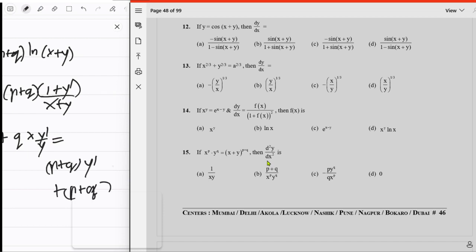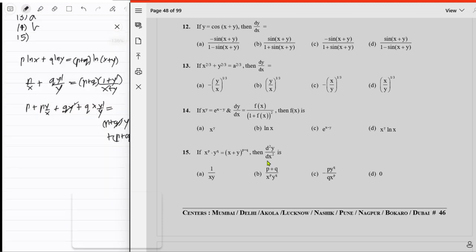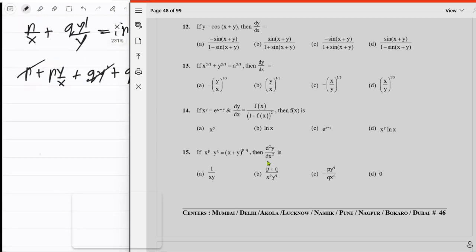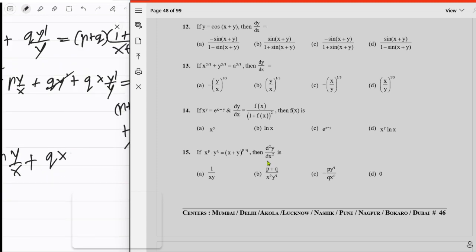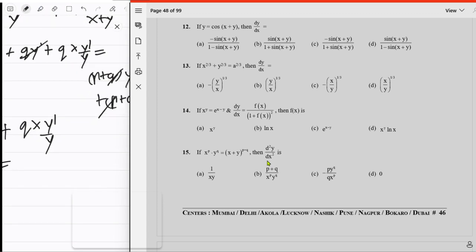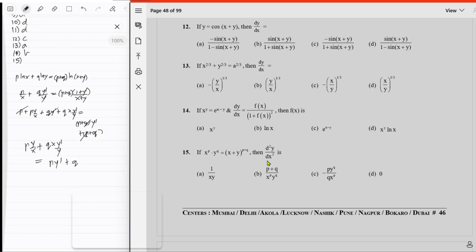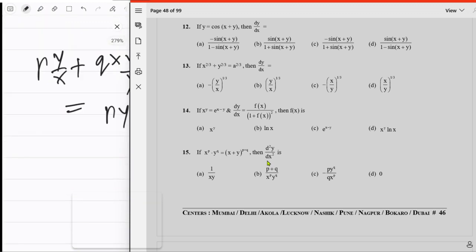Trying to simplify some stuff. So qy dash, that cancels. Okay, this cancels. It doesn't really matter. It's just constant. So you have py upon x plus qxy dash upon y is equal to py dash plus q. Let's multiply by xy or something.